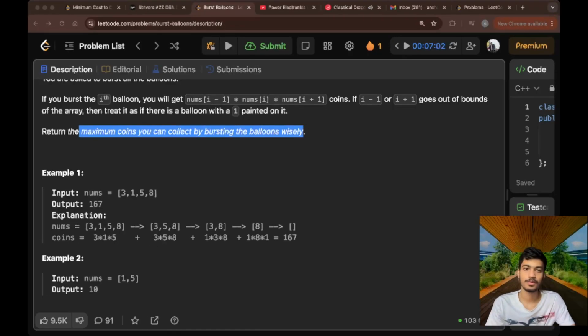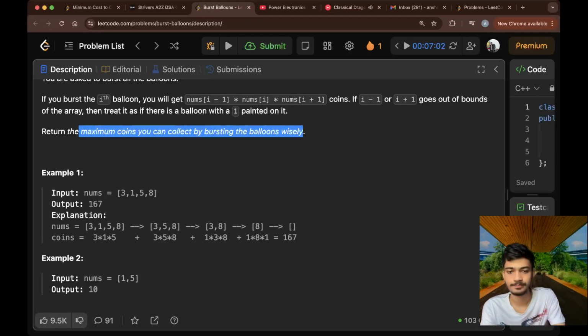So what should you do? The coins would be like 3 into 1 into 5, and then burst 5, then 3 into 5 into 8, then let's say burst 3, 3 into 1 into 8, and for 8 it could be 3 into 1 into 1.